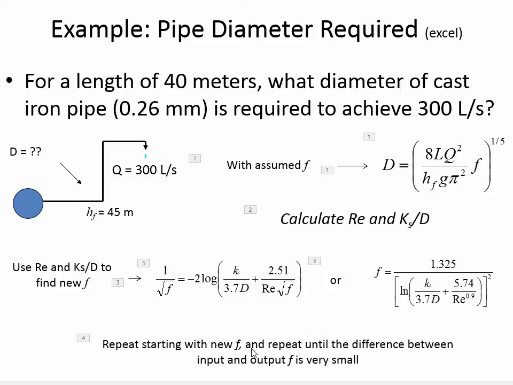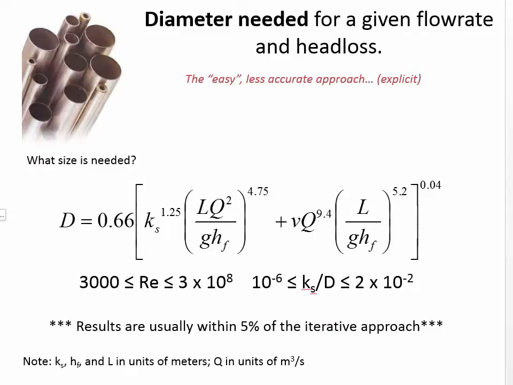There's also a slightly less accurate approach, but at least it's not iterative. If you don't like doing all those steps, then here is an approach that allows you to find the diameter needed for a given flow rate and a specified head loss. It's so-called easy. You can see I put that in quotes because the formula is a little bit complex.